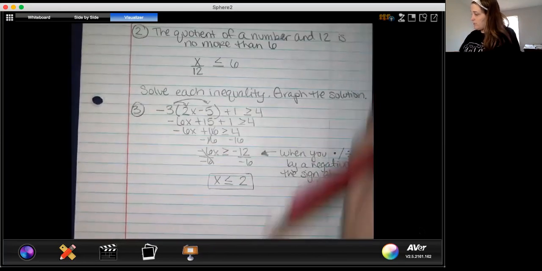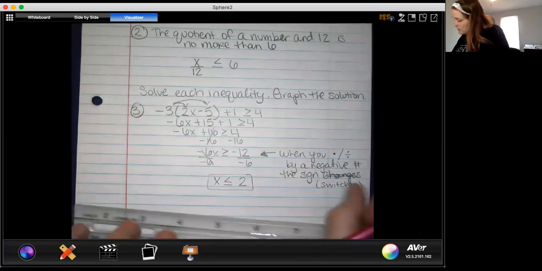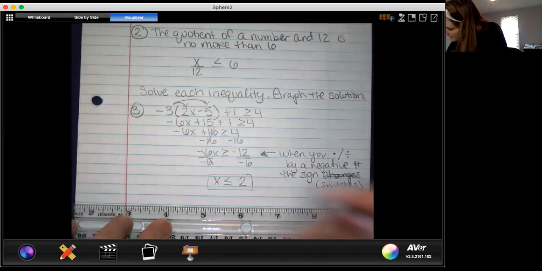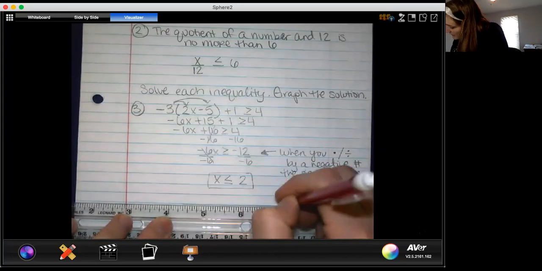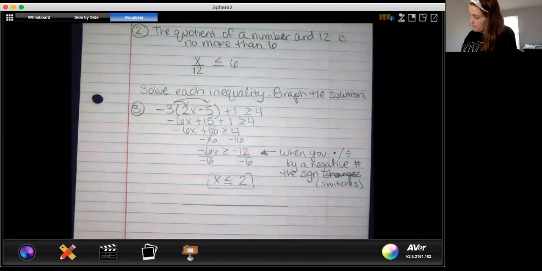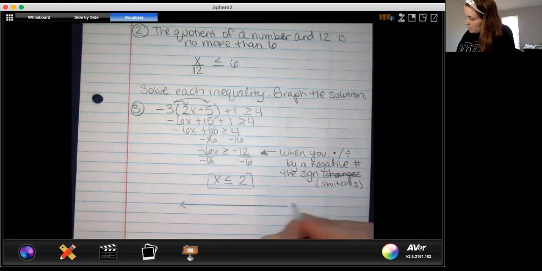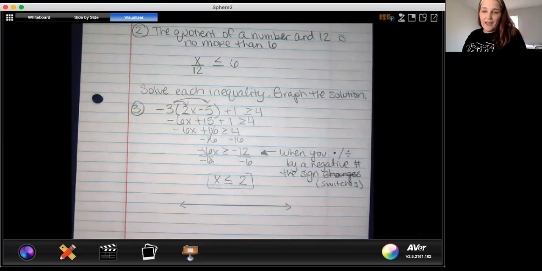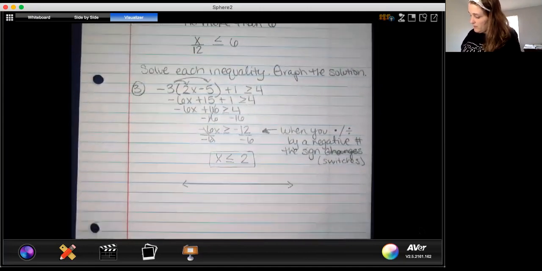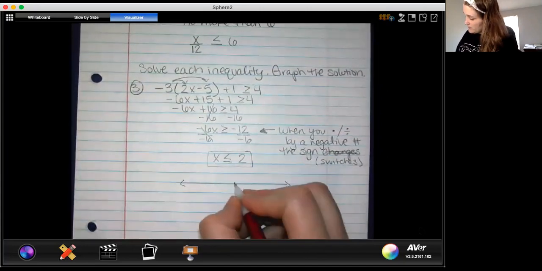Okay, so I'm going to grab my ruler, make sure I have a nice even line. When you do your number lines, you need to have at minimum of 5 numbers.